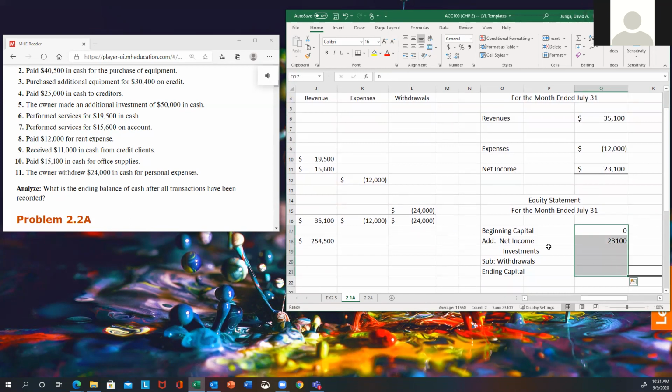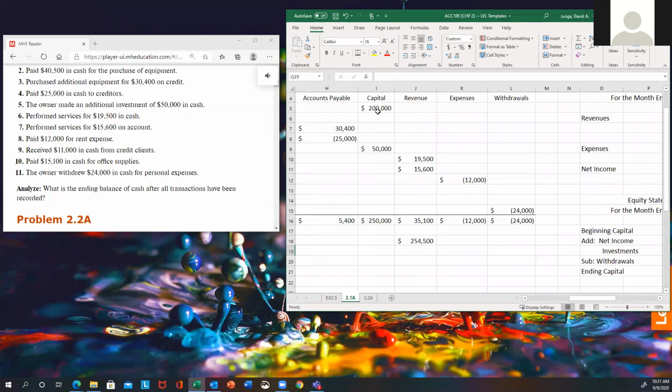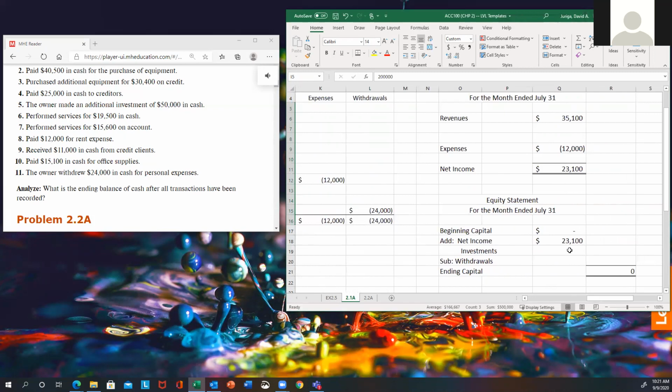And then the investments, just go to your capital account. We had $250,000 of investments, $200,000 to start the business, and they made another $50,000 as an additional investment. So total investments looks like it's $250,000.